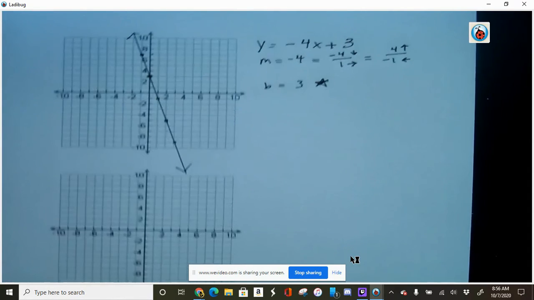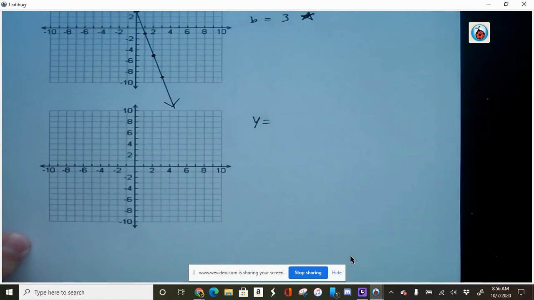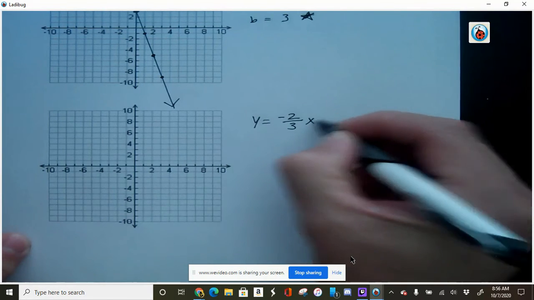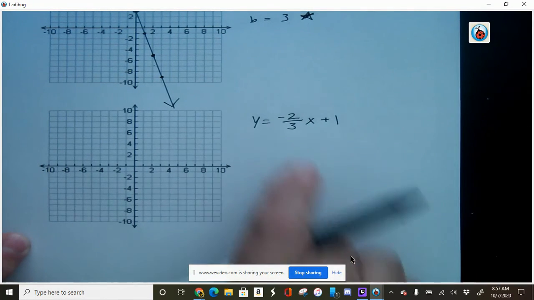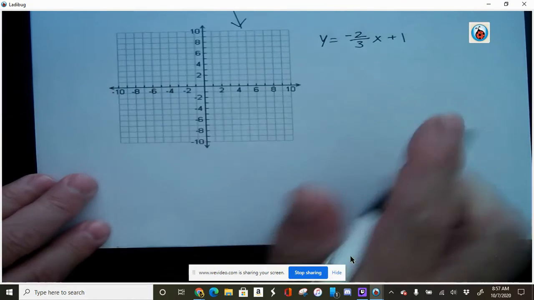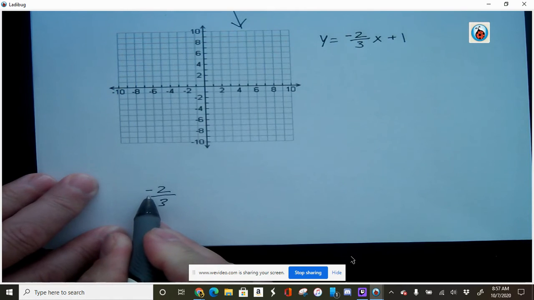All right, last equation. This time we're going to have a slope that's already a fraction. Negative 2/3 x, let's say plus 1. Now this could be written in several different ways. I can write it down here at the bottom: negative 2 over 3, notice where my negative is at the top.